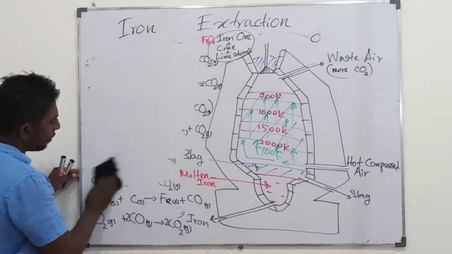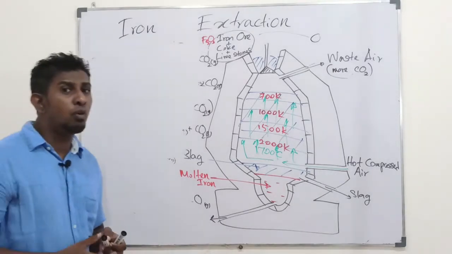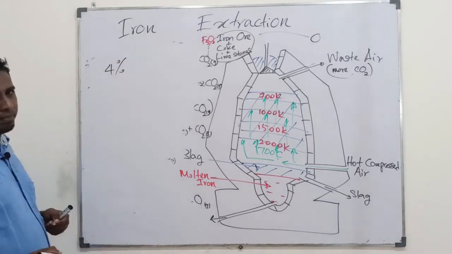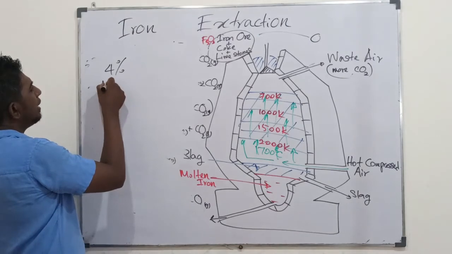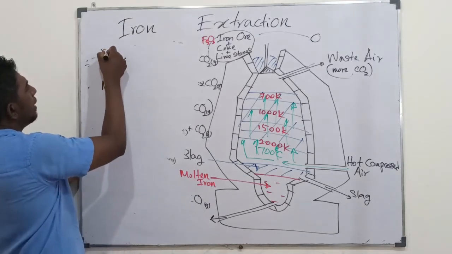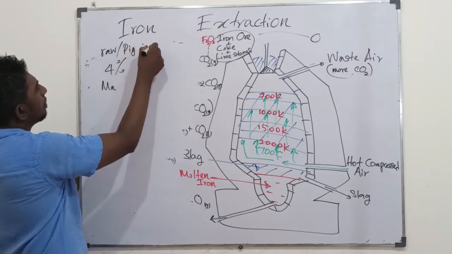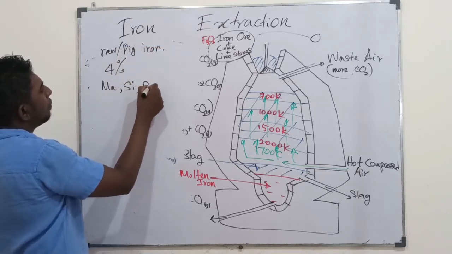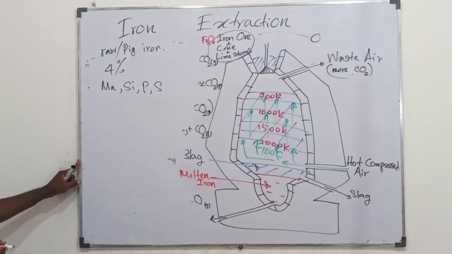This pig iron or raw iron has roughly 4% of carbon in it. Then students, it also has some other impurities: manganese, silicon, phosphorus, and sulfur.